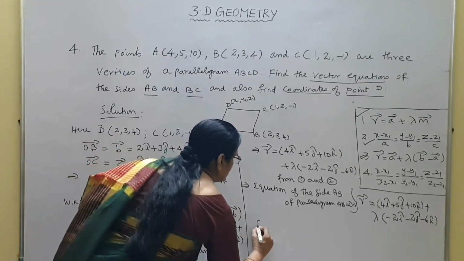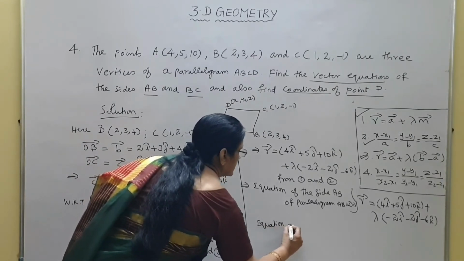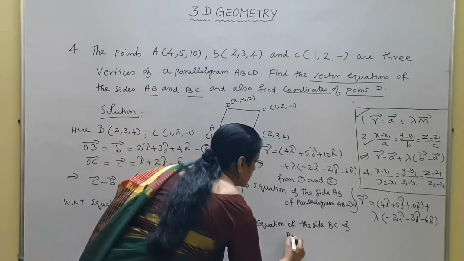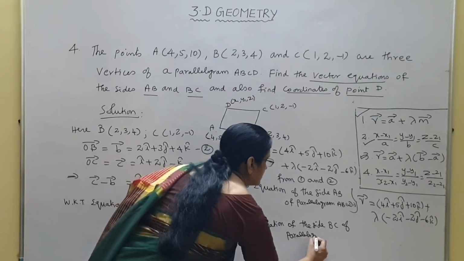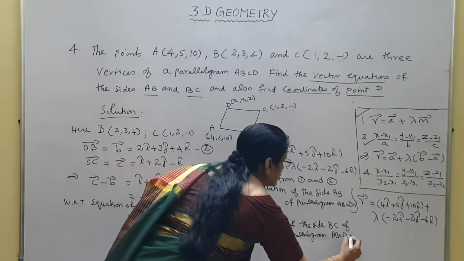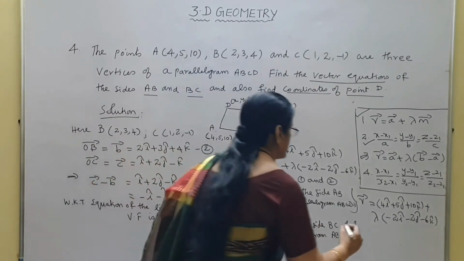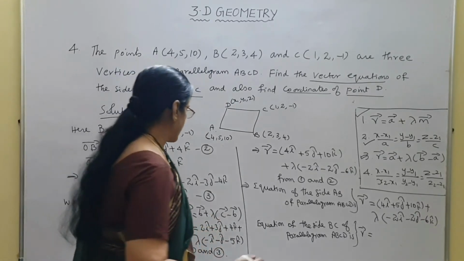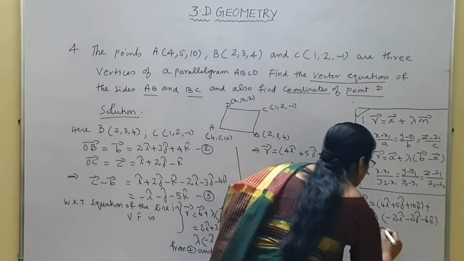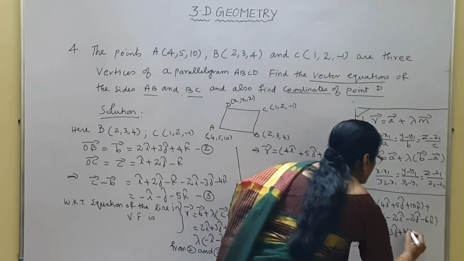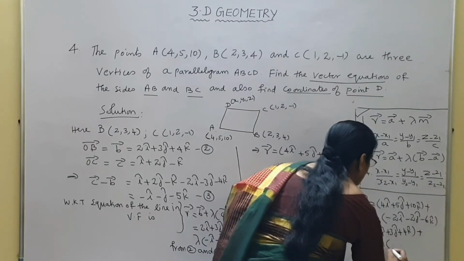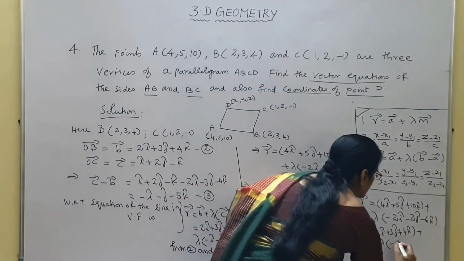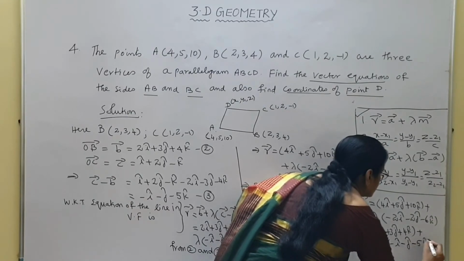So, the equation of the side BC of parallelogram ABCD is r vector is equal to, I am just going to copy from here, that's all, 2i cap plus 3j cap plus 4k cap plus lambda times (minus i cap minus j cap minus 5k cap). Okay.